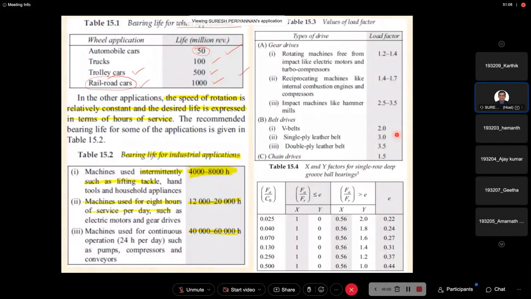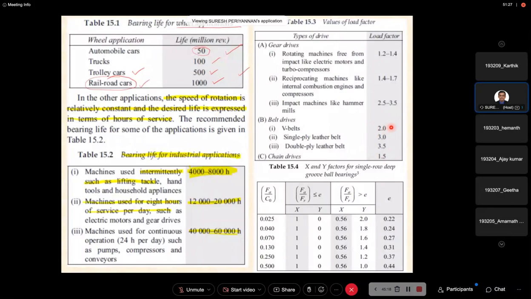Hence, now we are considering those parameters, for example, due to dynamic load the vehicle is subjected to more vibration, and depending on vibration, they are defining this load factor.